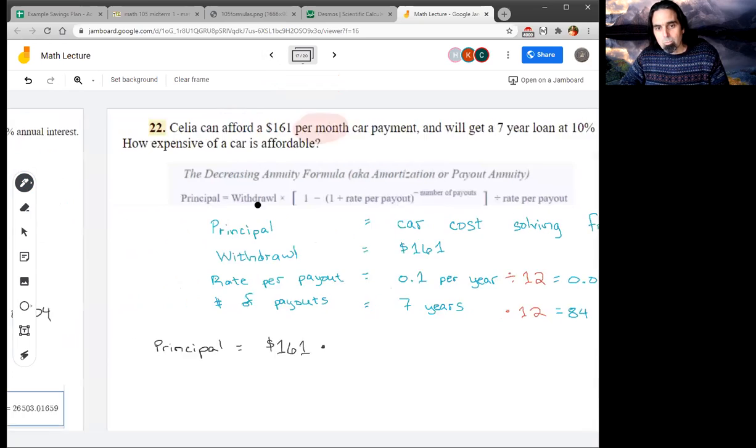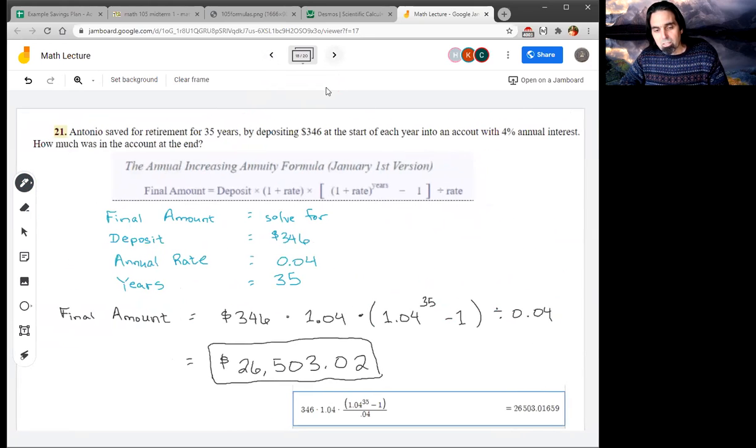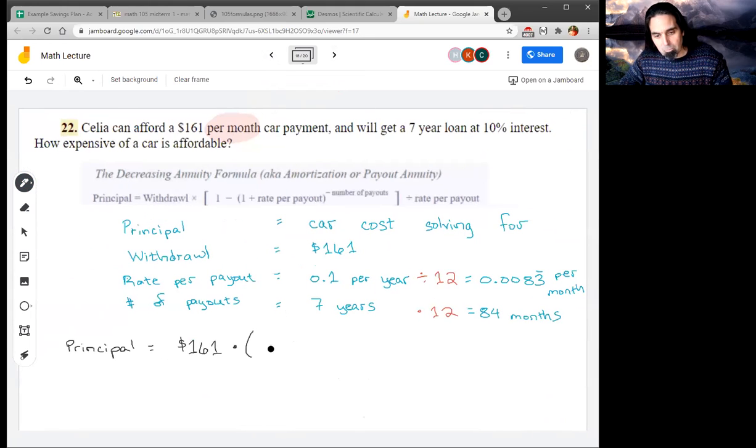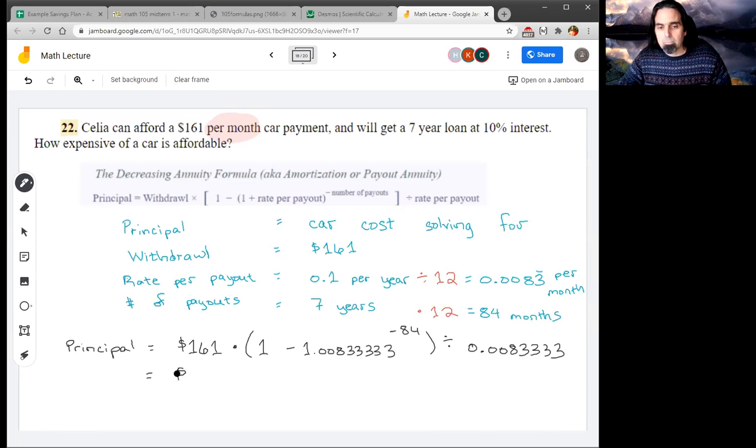As in the previous problem, the big parentheses, the ones that look like brackets, we need to keep. Okay, everyone okay with what's on the screen now before I switch to the calculator?